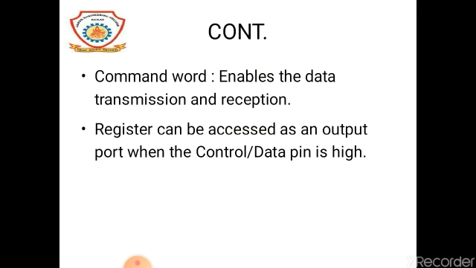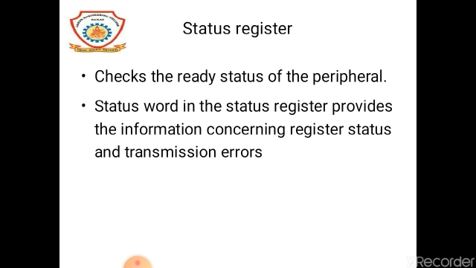Command word, it enables the data transmission and reception. The bit positions of this command word decide the data transmission and reception. The register can be accessed as an output port when the control data pin is high.